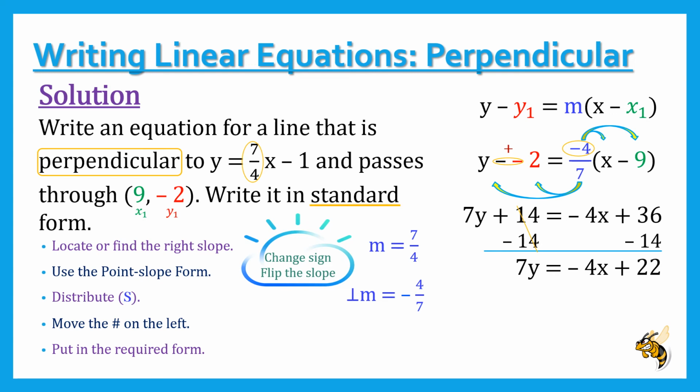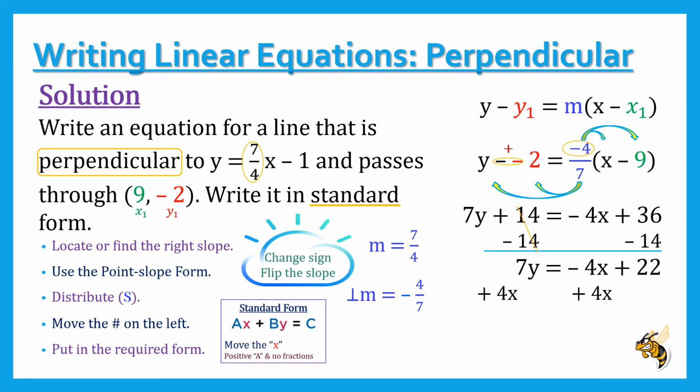Put in the required form, which is standard form. And in standard form, we just have to move the x. The opposite of a negative 4x is positive 4x. So therefore, we add 4x to both sides. So 4x plus 7y equals 22. And I'm going to check if the a is positive. It is positive. So therefore, that's my final answer.